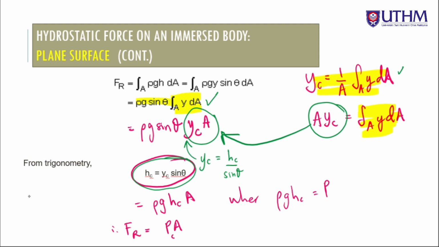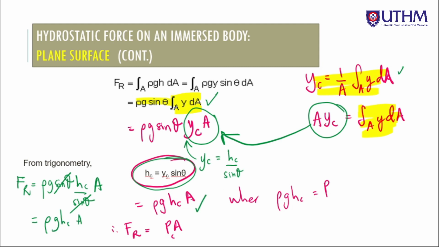So, sorry, I wrote to the left and right. FR equals rho G sin theta, YC is HC over sin theta, A. So these two we can cancel out. So we get rho G HC A, which is this one.